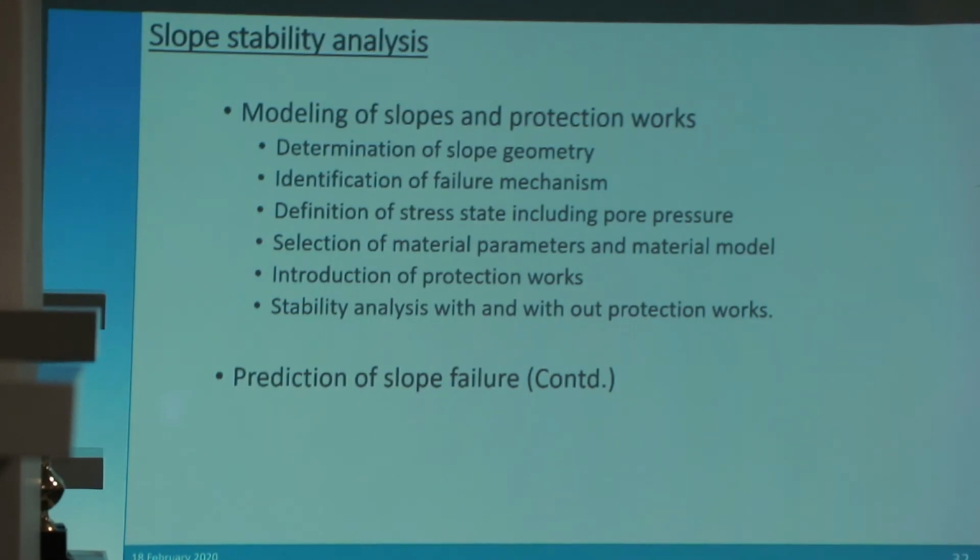And next, I will say some of the steps for the modeling of slopes and protection, and hopefully it will work. The first thing is the determination of the slope geometry. We all know that. Second, and the most important, I'll say, is the identification of the failure mechanism: how the slope is working, how it is moving, at what plane, whether it is homogeneous or non-homogeneous material, whether there is a predefined failure plane or not.